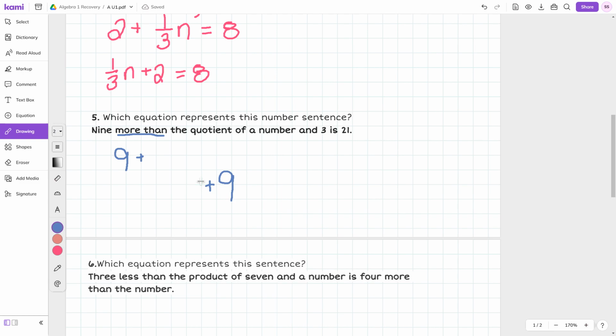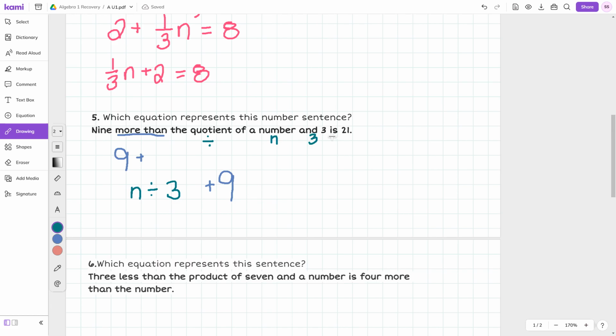A quotient of a number and 3. A quotient means to divide. What are you dividing? Your number, okay, and 3. So we're dividing a number and 3, okay?